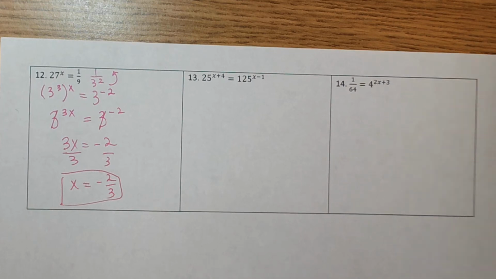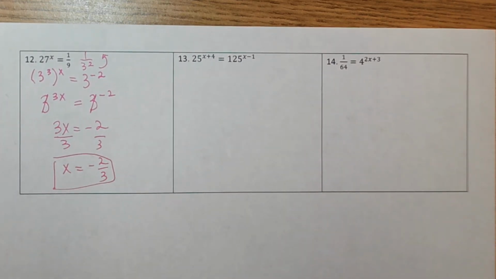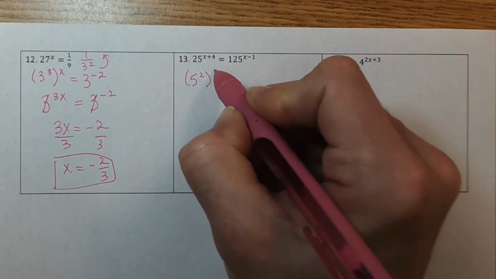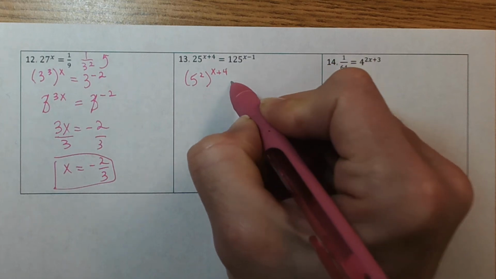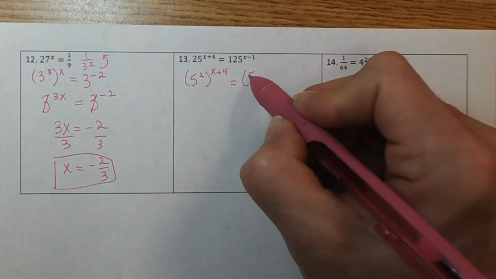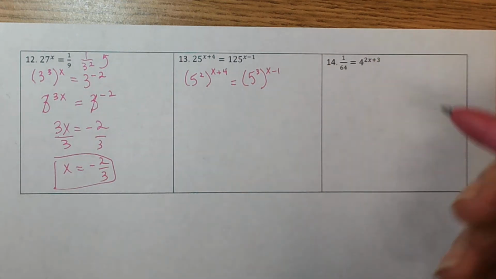All right, 25 and 125. Again, we practiced that in our warm-up. 25, we could say, is 5 squared. And then we still have it raised to that x to the 4th power. And then 125, that is 5 to the 3rd, and again, it's raised to that x minus 1 power.